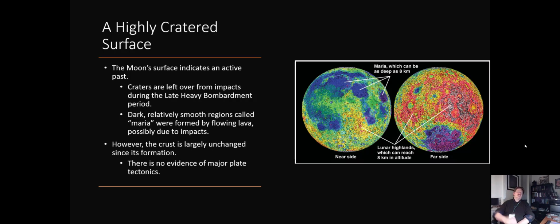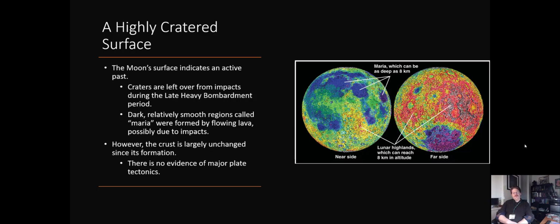On the far side, that wasn't the case, and so we have really no evidence of mare at all, but we basically have a complete record of the cratering history of the Moon. We do not find any evidence of major plate tectonics, primarily because the Moon just wasn't geologically active for a long enough period of time.